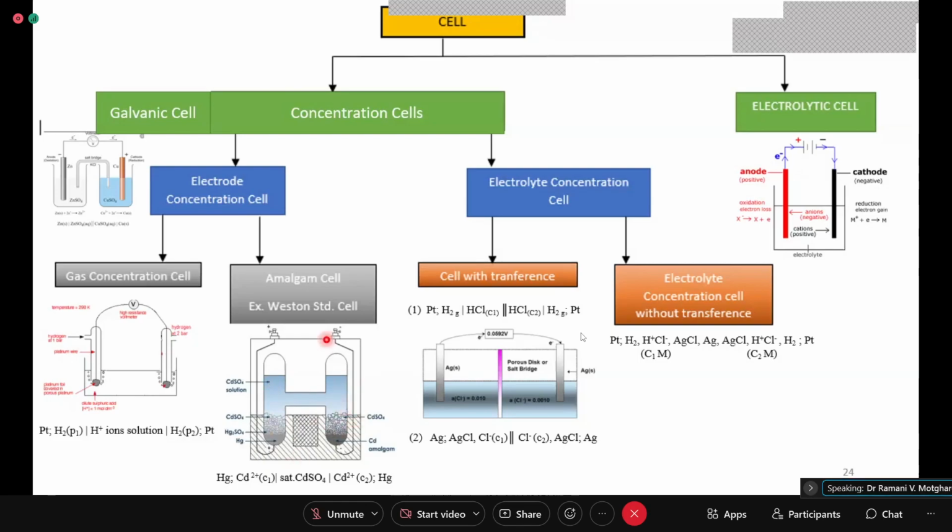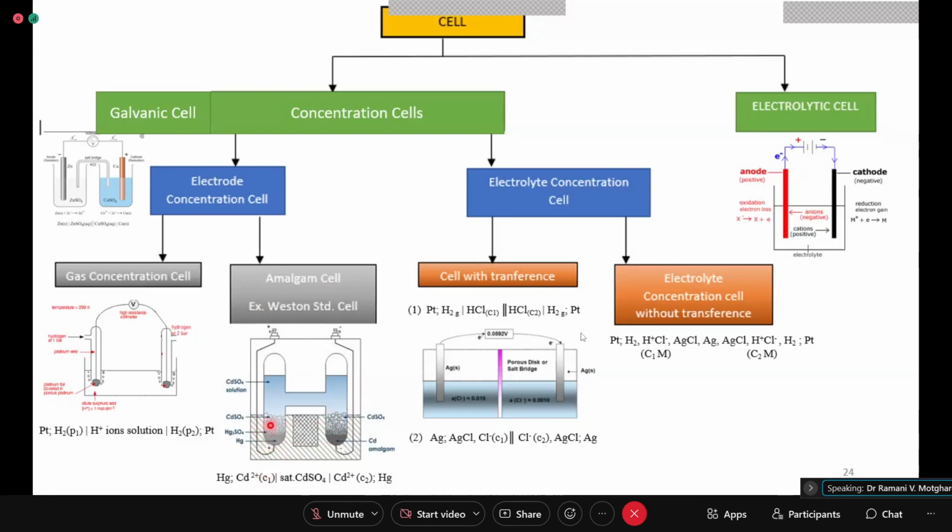Now, such a type of cell is a Weston standard cell, which provides you a potential of 1.08 volt, and this Weston standard cell is used to calibrate all your pH meters, potentiometers, wherever you need to measure the EMF. And the speciality of this particular Weston standard cell is it provides you constant potential up to 99% of its lifetime.